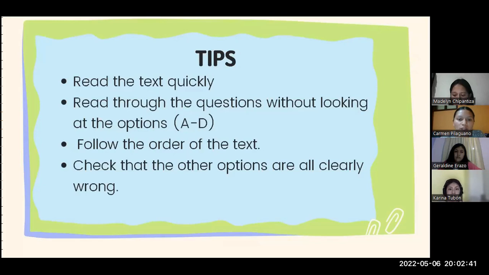Some tips to answer this section are: read the text quickly to get a general understanding, and read through the questions without looking at the options from A to D. Also, underline keywords in the question stem, follow the order of the text, and find the piece of text where a question is answered and read it carefully.